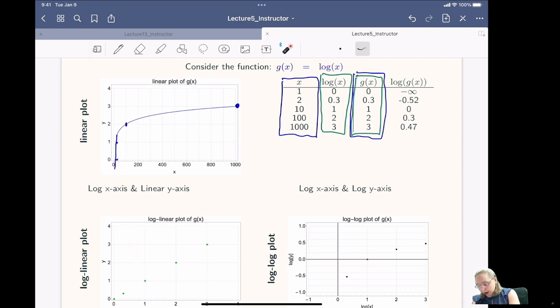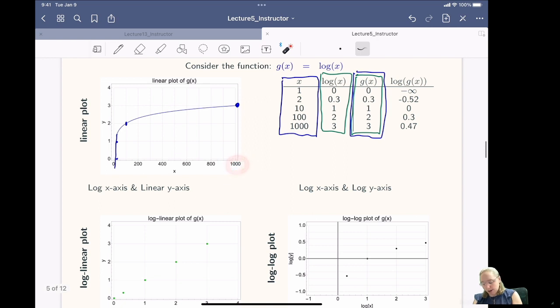The point that was at 100, 2, is going to now go at 2, 2. So 2, 2 goes right there. And the point that was at 1,000, 3, we take the log of 1,000, which is 3, and we end up with 3, 3. So we take this point, and where do we move it? We move it right down here. And we once again get a log line.